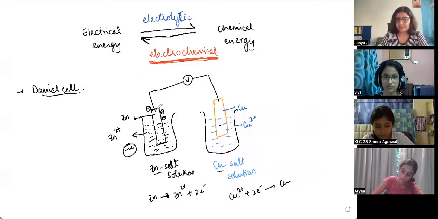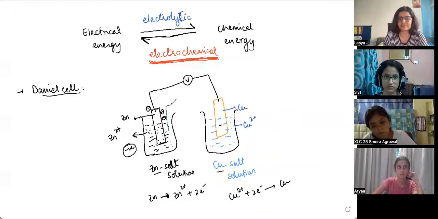But when you complete the circuit, when you provide these electrons a specific pathway that they can continuously follow, that comes in the form of a salt bridge. It is literally a bridge made out of some salt so that there can be some sort of an ion exchange taking place between both.